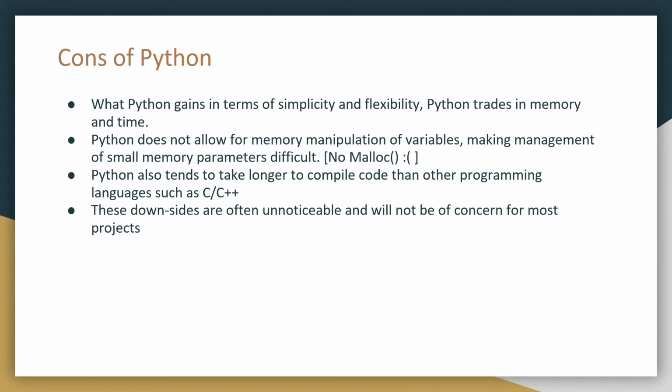Since you don't really handle a lot of the nitty gritty under the hood, and a lot of things you do handle it already for you, it's very easy to misuse a lot of memory, excessively use memory, and obviously amp up operation time as well. So ultimately, when it comes to the actual implementation of your code, it might use more memory or take longer to execute than in other languages like C or C++.